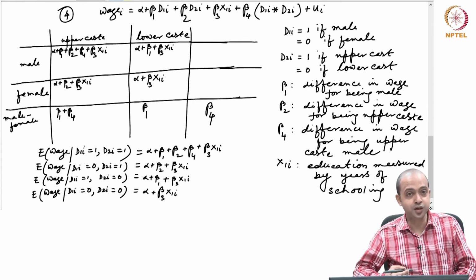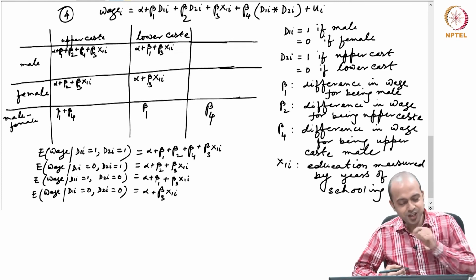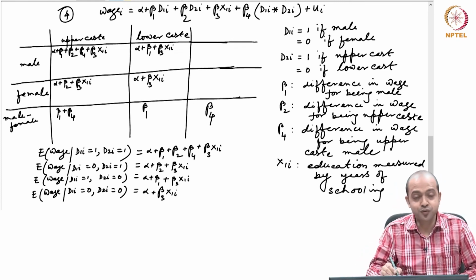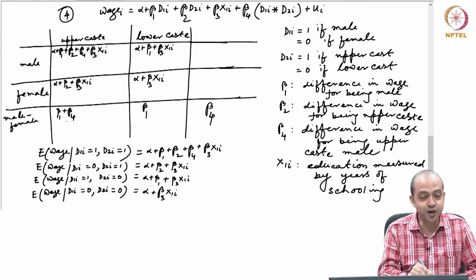For both upper caste and lower caste, we assume there is a difference in gap between male and female, but we are trying to hypothesize whether the gender gap is significantly different for the upper caste compared to their lower caste counterpart. Okay. You may get another interpretation of beta 4. So, that means here basically beta 4 is difference in difference, because we already got one difference here.